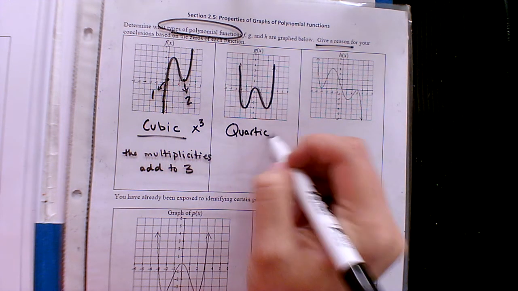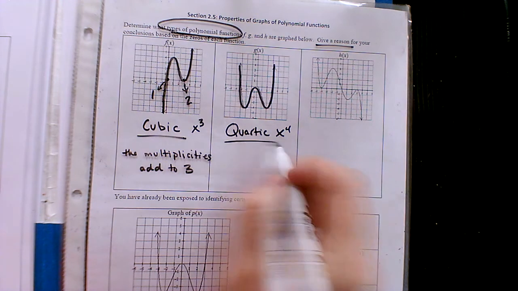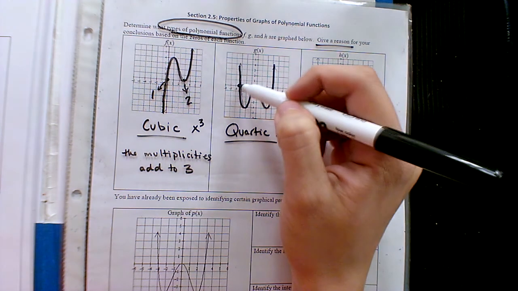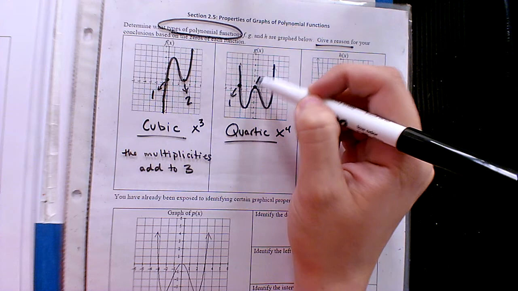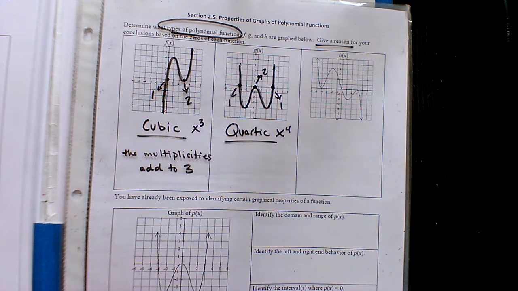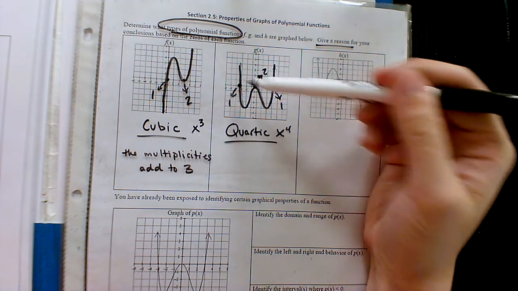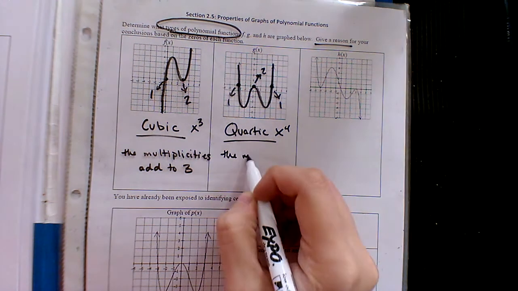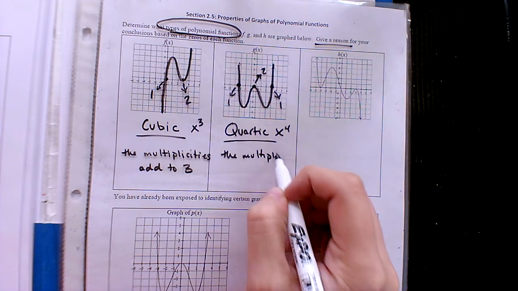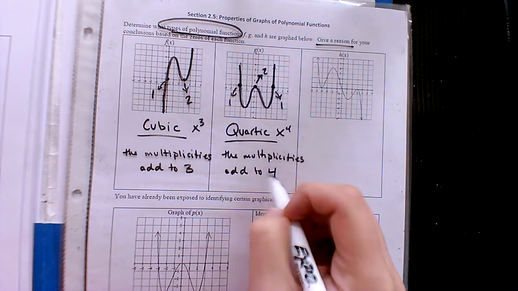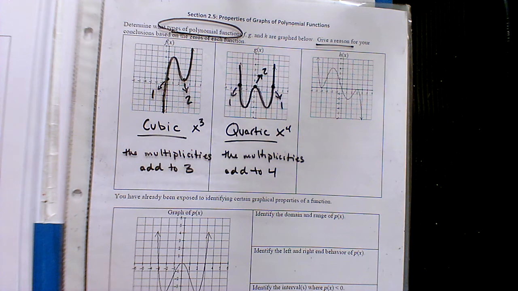Quartic, okay, so power of 4. How'd you know? Okay, so looking at the x-intercepts, we can label the multiplicities based on how they behave at the x-intercept. Notice how we go straight through or we bounce. So the multiplicities add to 4 in this example.